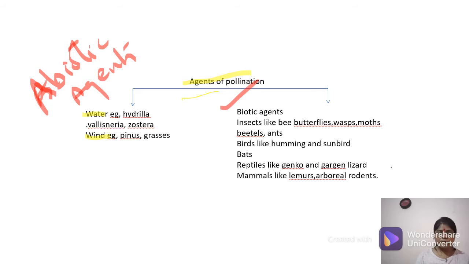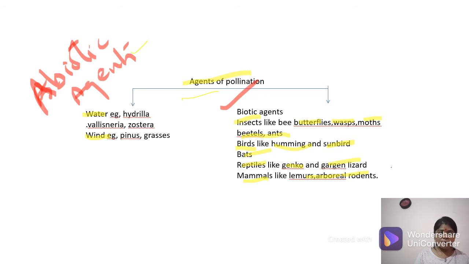And these are the biotic agents: insects, butterflies, wasps, moths all come under this category. Birds like hummingbird and sunbird, bats, reptiles like gecko, garden lizard, and mammals like lemurs and arboreal rodents act as pollinating agents.